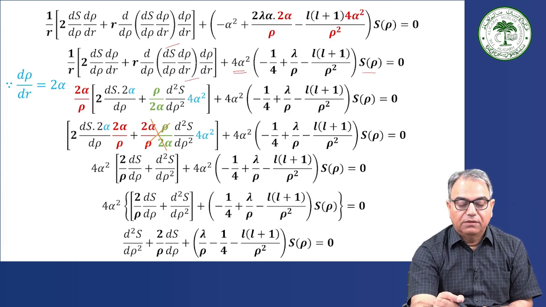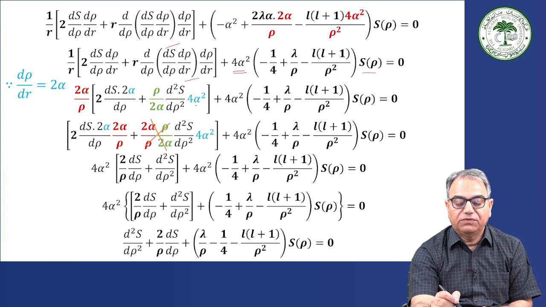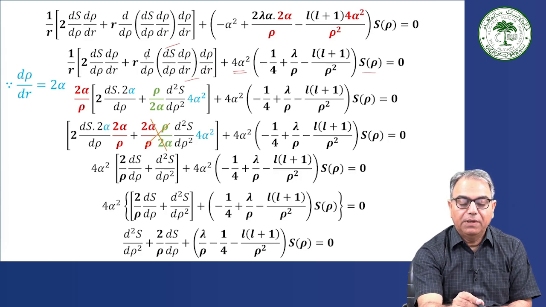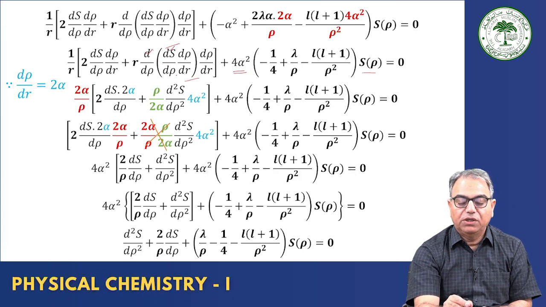Okay. So, you have d rho divided by dr and d rho divided by dr, so it is 4 alpha square, and this multiplied by this will be d square s by d rho square.